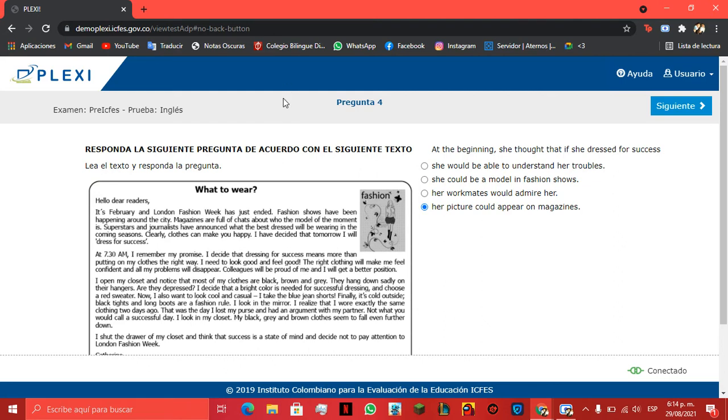We need to read very carefully. Shows have been happening around the city. Magazines are full of chats about what is the trend of the moment. Superstars and journalists have announced what the best dressed will be wearing in the coming seasons.